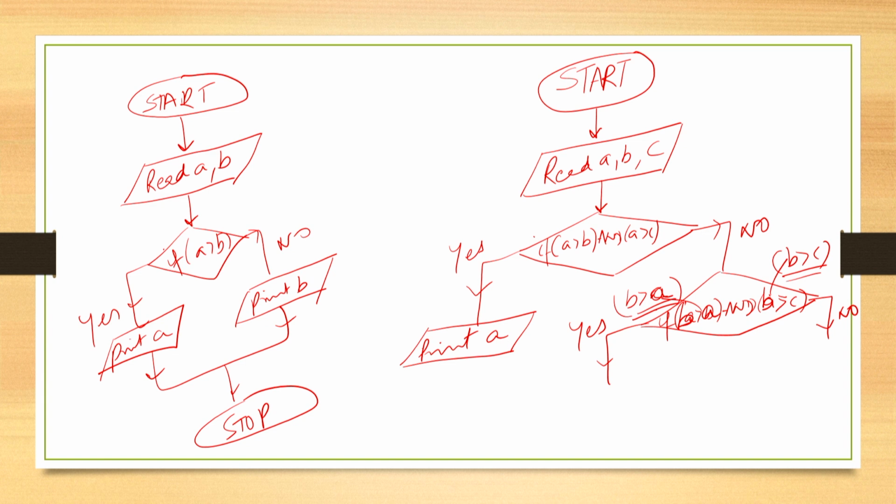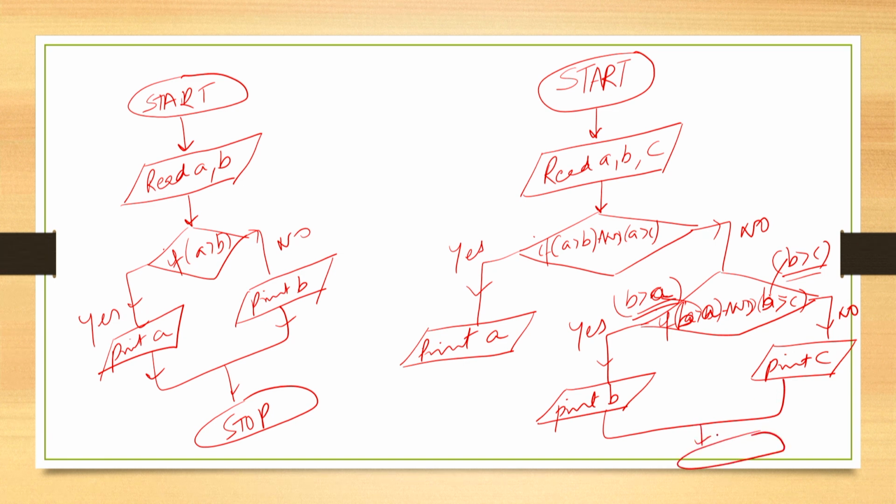If both of them are satisfied, it means B is greater than A as well as B is greater than C. In that case, which one is the largest? Obviously B. So, we print B. Else, obviously print C, and after that stop. So, this is the flow chart for finding the largest among three numbers.